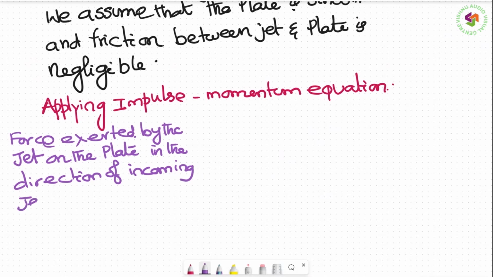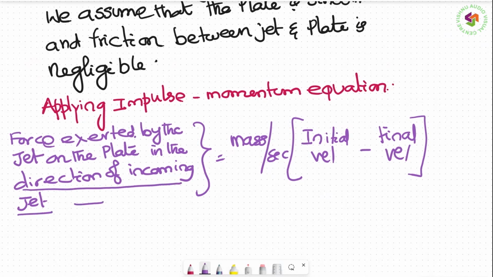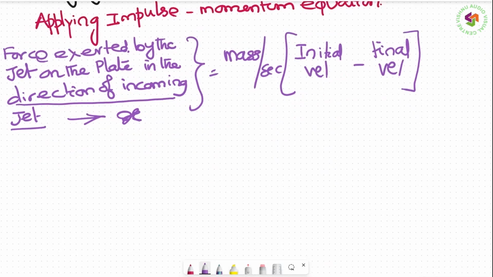X direction, is equal to mass per second into initial velocity minus final velocity. Initial velocity and final velocity, which direction should we take? The same direction, the direction of incoming jet. It is nothing but x direction. The same we should take here also. Now let us write one after the other.